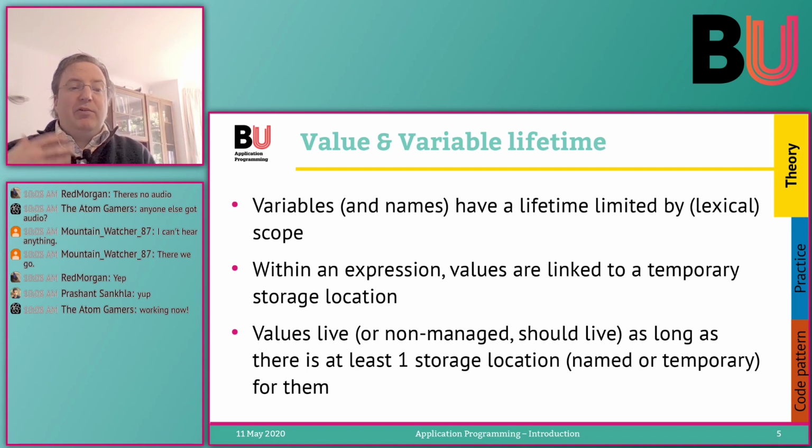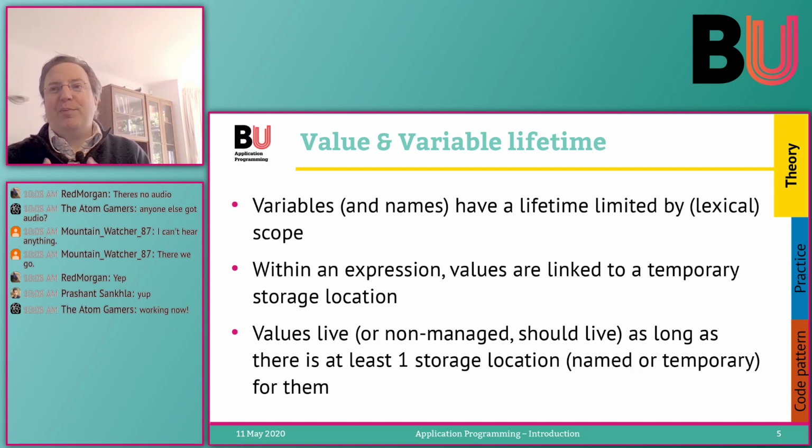So when you have a variable or a name in programming, you have a limited lifetime. It's limited by the scope, and in this case we call that a lexical scope. So look at your program and see, okay, which is the scope, which is the set of curlies in which this has been defined. And outside that block, the name just does not exist.